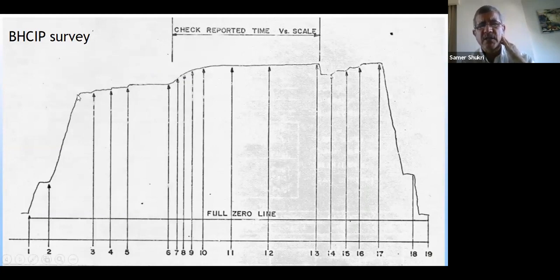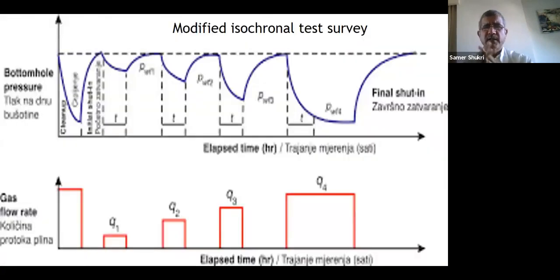We run the gauge inside, the well is closed. Then when we pull it, the pressure will go down. This is the modified isochronal test, open and close at different sizes of the choke at surface.